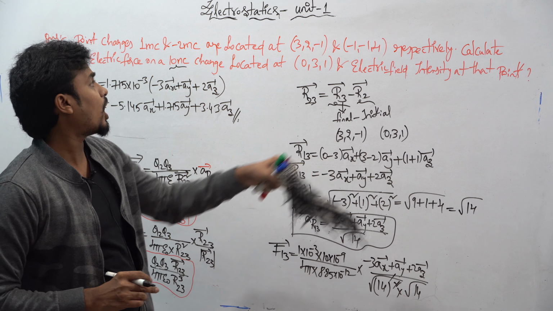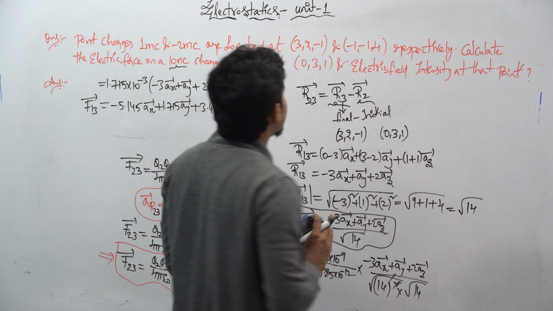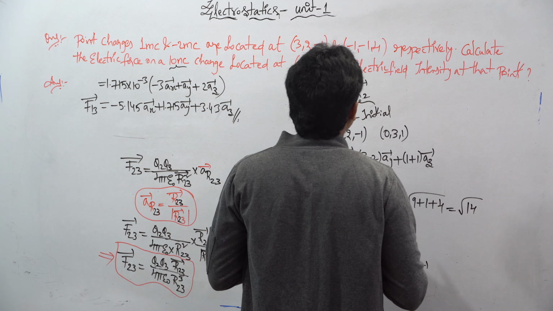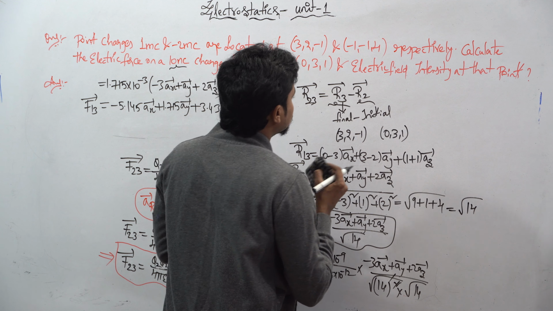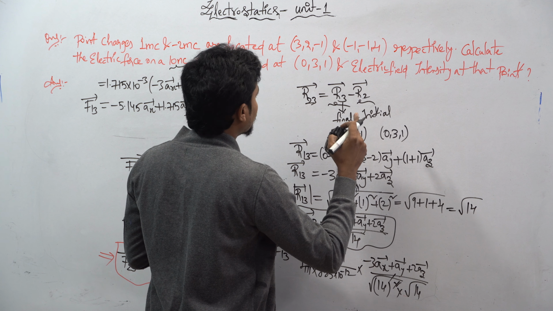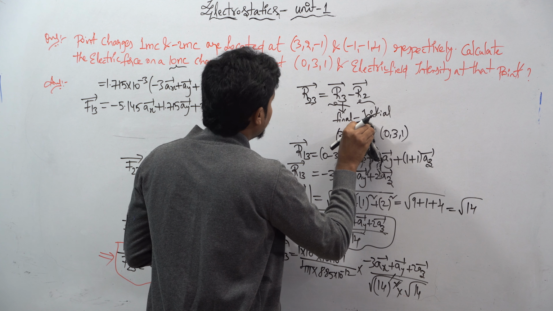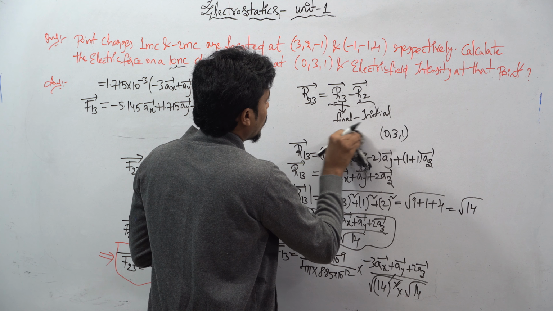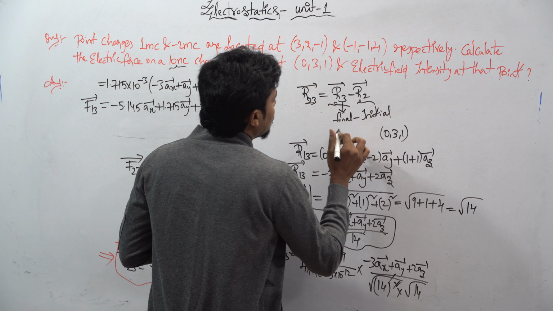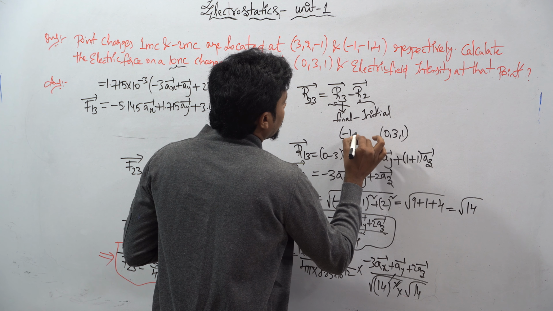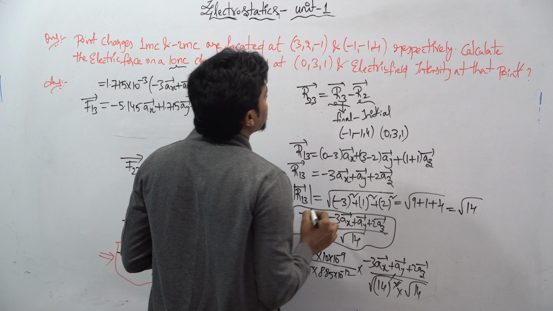And what will be my R2? My coordinates be the same, R3 be the same 0, 3, 1, and what will be my R2? That be the minus 1, minus 1, 4.